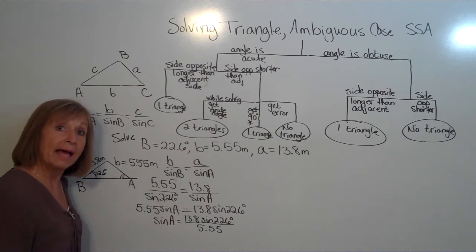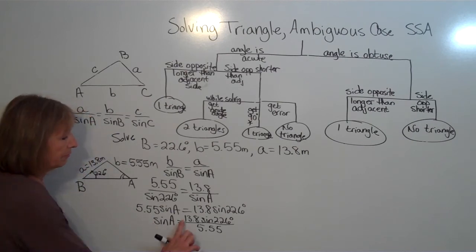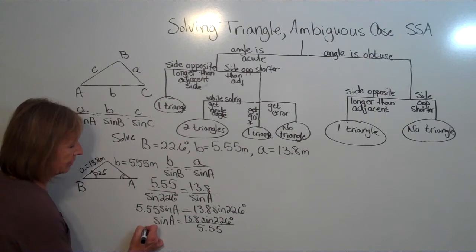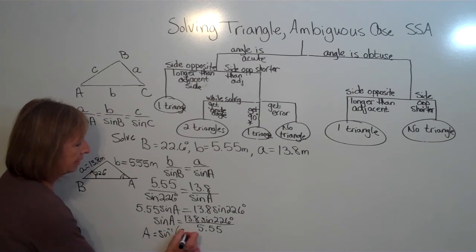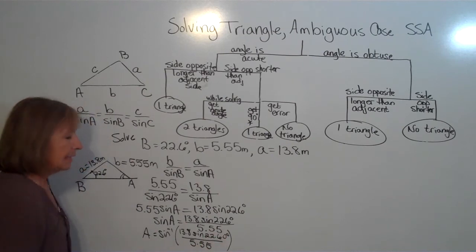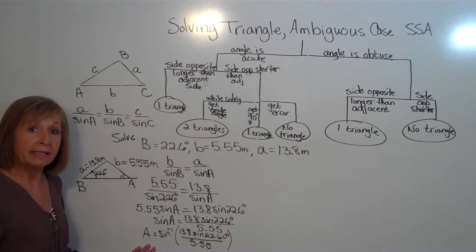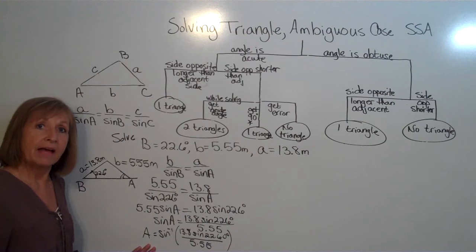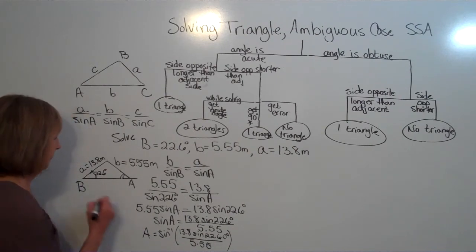And that's what the sine of A is equal to. So to find angle A, we're going to take the inverse sine of both sides. So A is equal to the inverse sine of 13.8 times the sine of 22.6 degrees divided by 5.55. Now, when you do that, you're going to get a value for A that's 72.9 degrees.